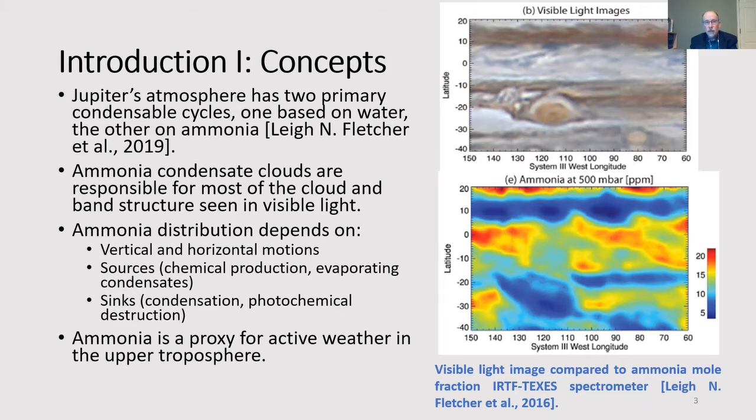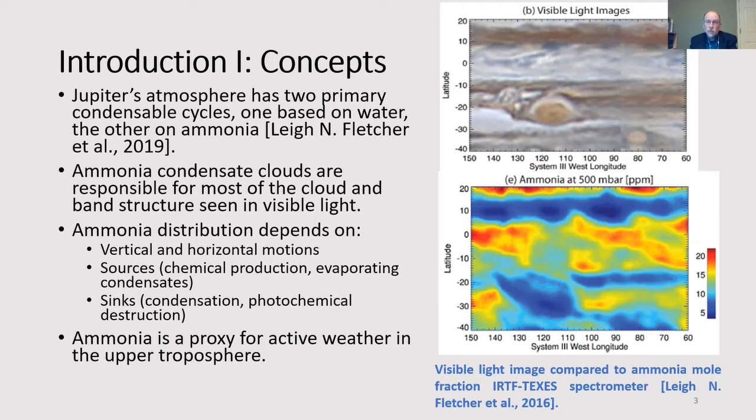Now, if you look at the figure on the right here, we've got visible light images of Jupiter and then contemporaneous retrieval of ammonia density at about the 500 millibar level from some sophisticated professional equipment from Fletcher et al. in 2016. What you can see is that there is some association of features with the optical.